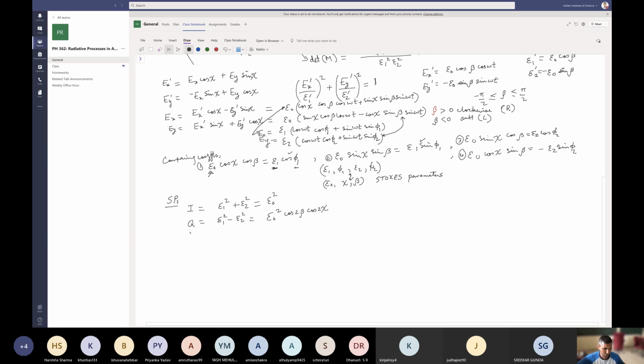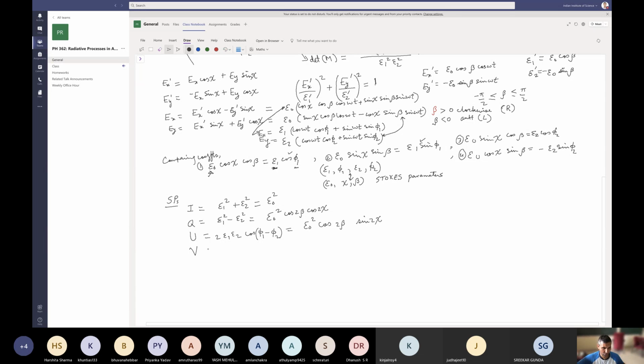Similarly, Stokes U is equal to twice epsilon 1 epsilon 2 cos of phi 1 minus phi 2, and that is equal to epsilon naught squared cos twice beta sine twice chi.